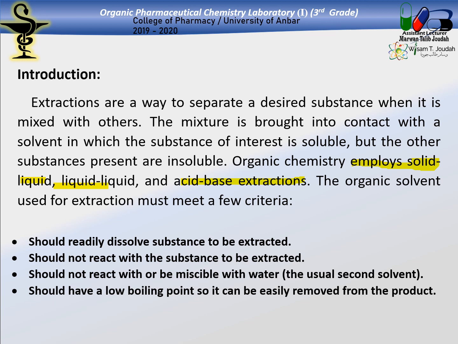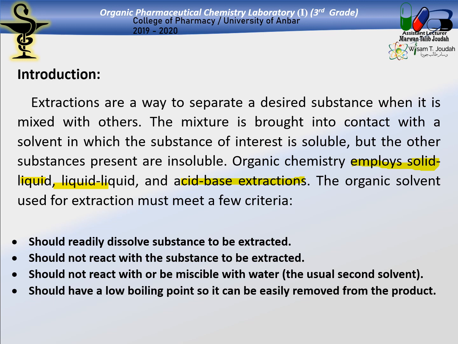Okay, should have a low boiling point so it can be easily removed from the product. يعني احنا لازم boiling point ما تكون كلش واطية. مثلا اذا استخدمنا ethanol or any type of alcohol اللي هي boiling point مالته could be over 60 Celsius. فبالتالي بسهوله اسوي له evaporation، لان انت ورا ما تكمل extraction you must get rid of the solvent that you use in order to get your pure substance, the extracted substance.